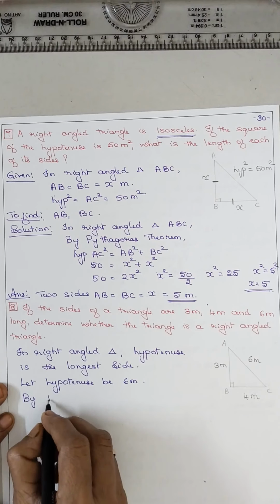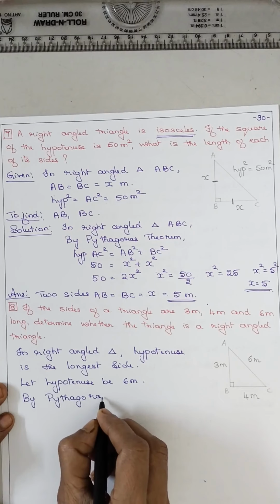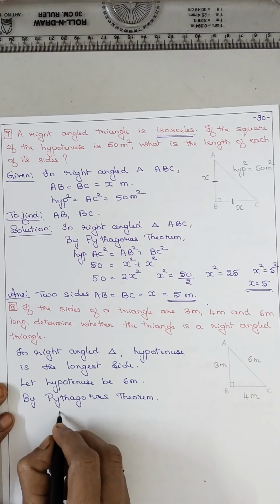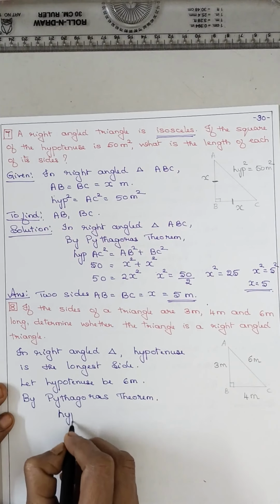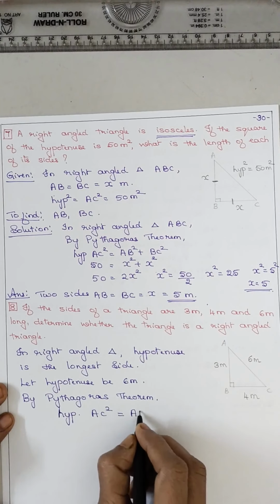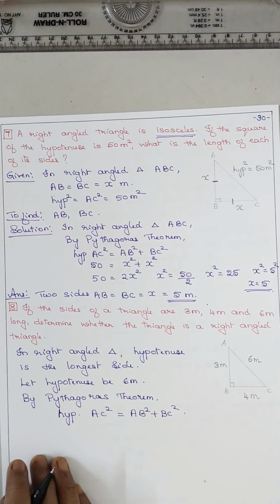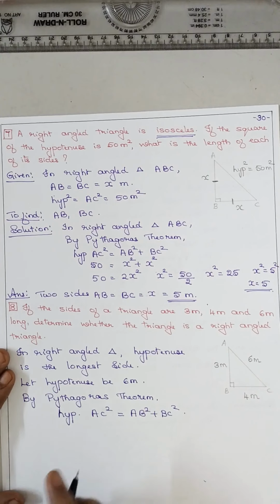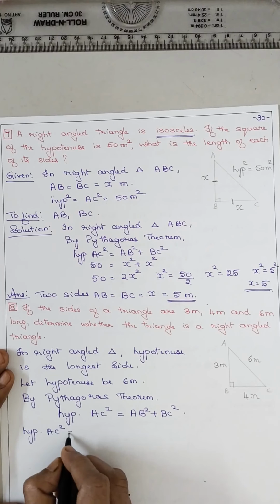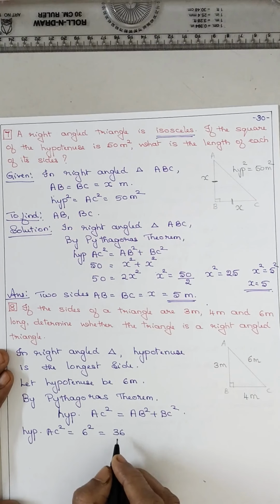By Pythagoras theorem, hypotenuse AC squared should be equal to AB squared plus BC squared. So hypotenuse AC squared, that is 6 square, that will be 36.